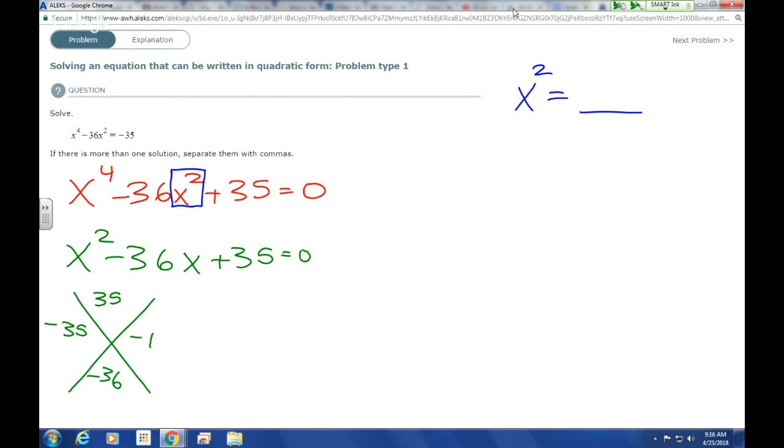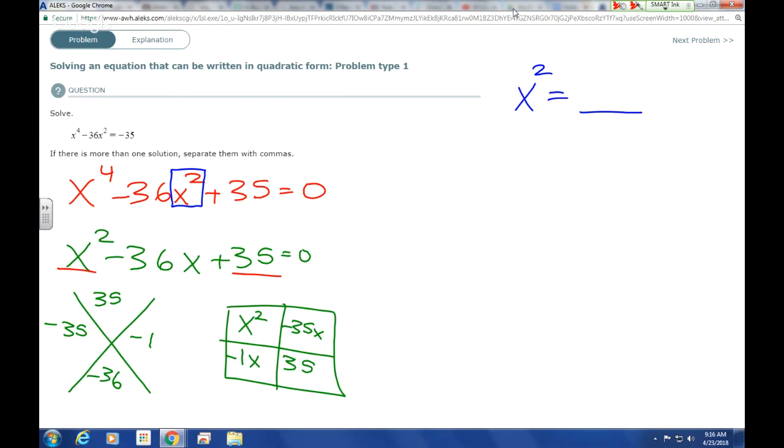And then we made a box. We said x squared, negative 35x, negative 1x, 35. So basically I rewrote this, and these are our new x values instead of this.